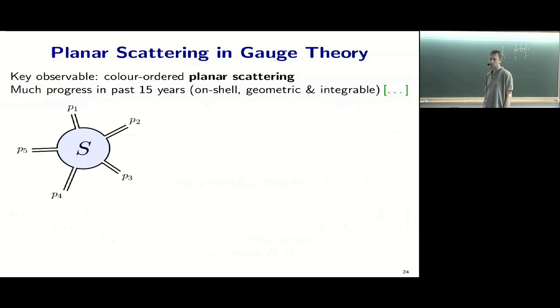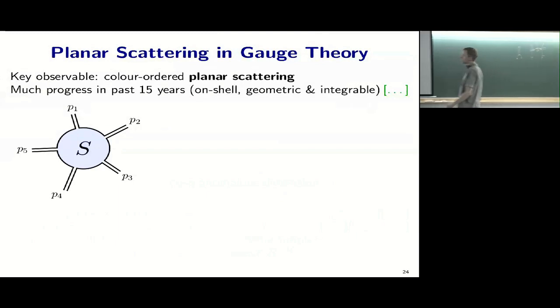So they have two types of colors, and you order the particles in such a way that one color of the first particle matches with the conjugate color of the next, and so on. And that's what you call color-ordered amplitudes.